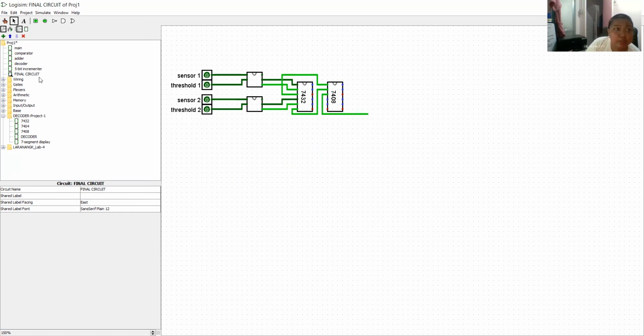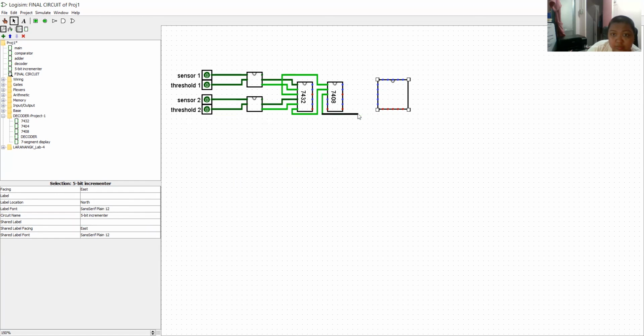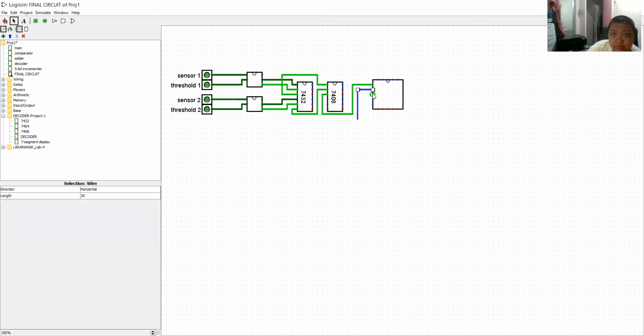And this will be connected to our 5-bit incrementer. Other inputs are connected to the ground.